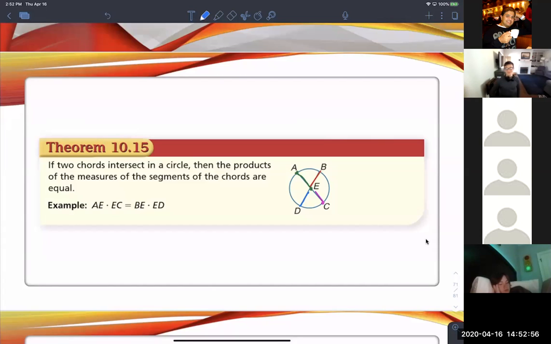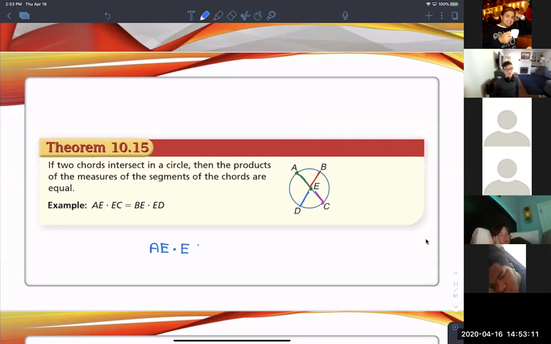What this theorem says is that the relationship between these four line segments is this. If you take line segment AE and multiply it with its adjacent line segment, which is EC, it equals line segment BE times ED.